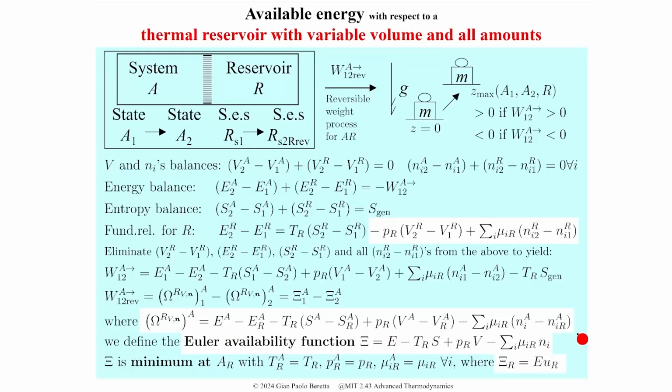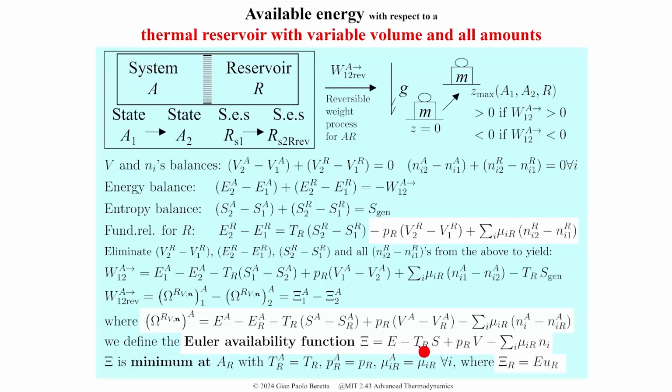This is the available energy expression, which can also be written as a difference in two values. So the reversible work, the maximum or minimum, is the difference in the values of this new availability function, which I like to call Euler availability function for the reason I already explained the other time. And that will be also clear later on.